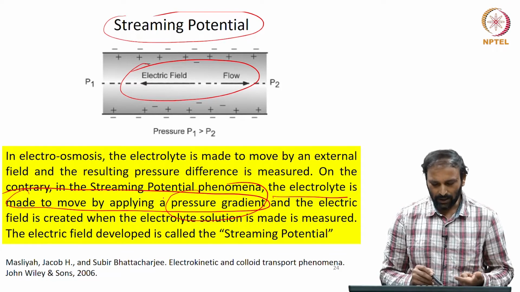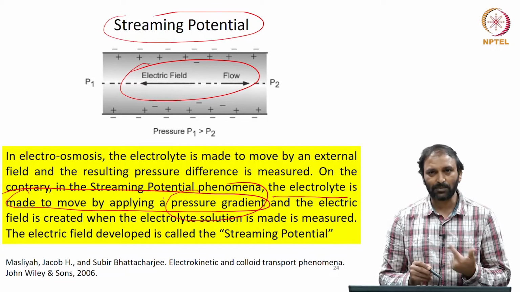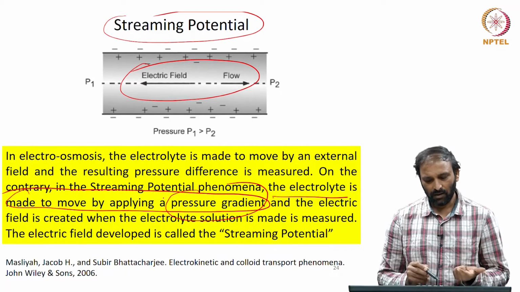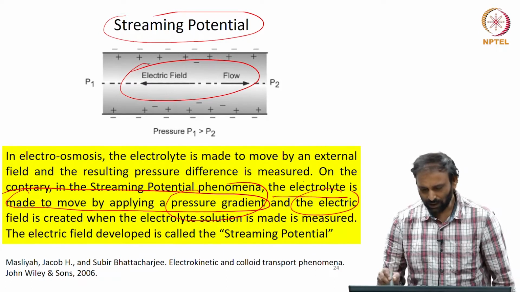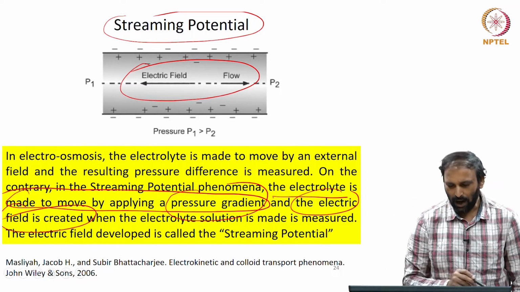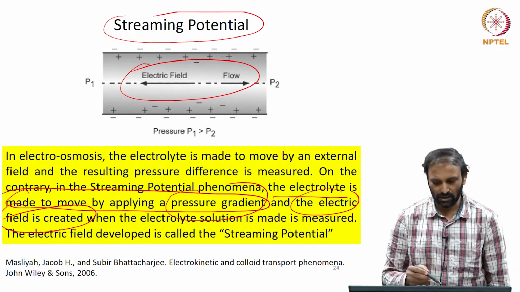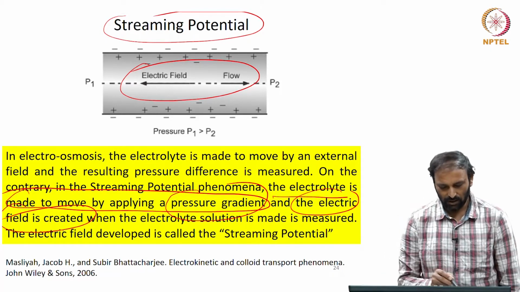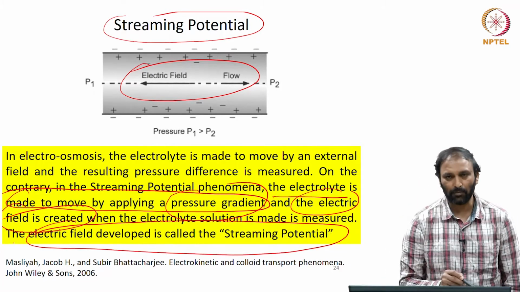Because you now have charged species in the electrolyte, their motion is going to induce an electric field, and that electric field is what is measured in streaming potential. The effective electric field that is developed is called the streaming potential.